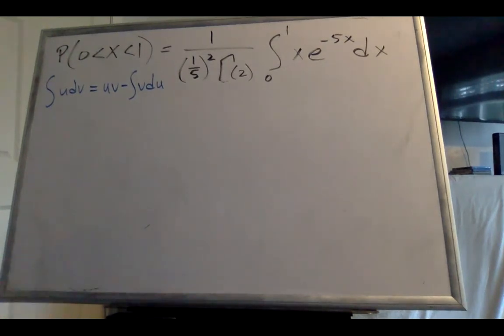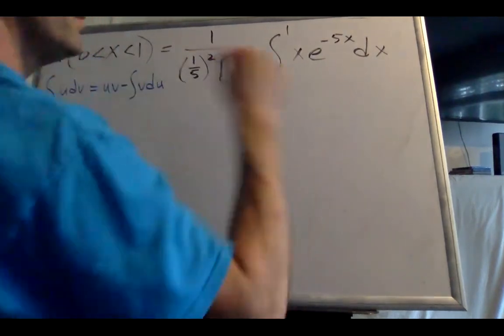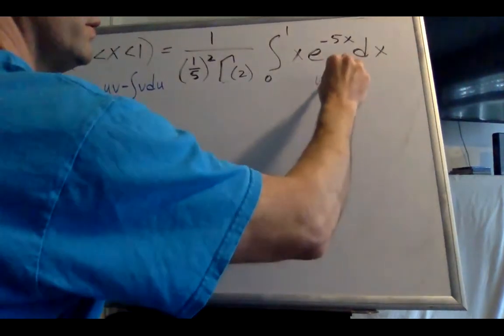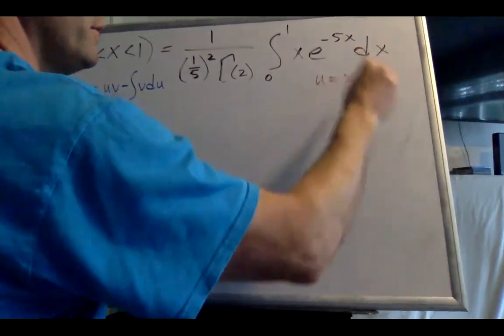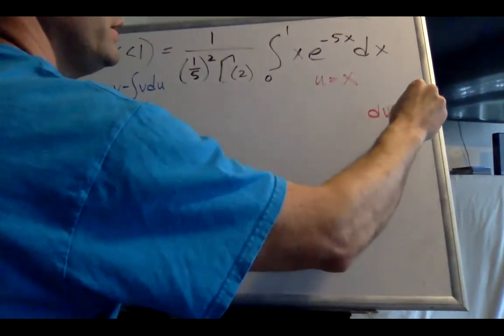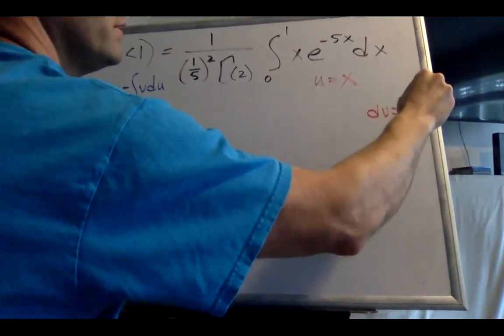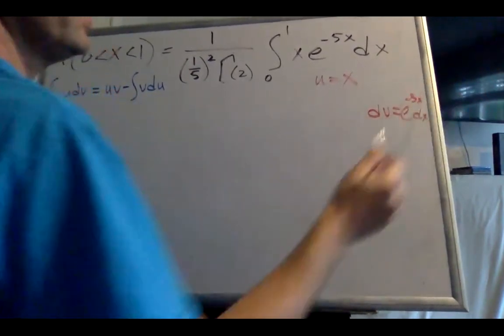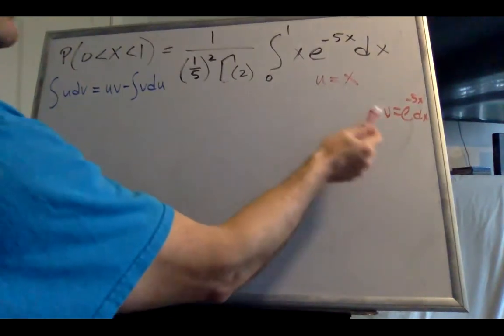So in this particular problem, u is going to be x and dv is the rest of it. dv is going to be e to the minus 5x dx. I know that's kind of small, sorry about that. So we pick u and we pick dv.